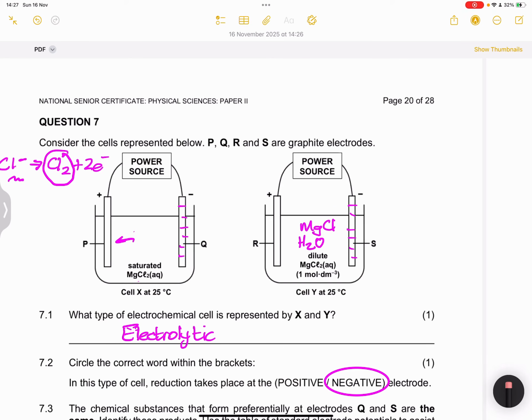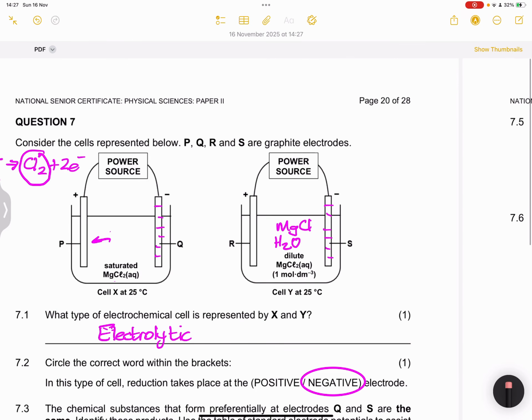So as a result, the chloride ion is oxidized to form chlorine, right?